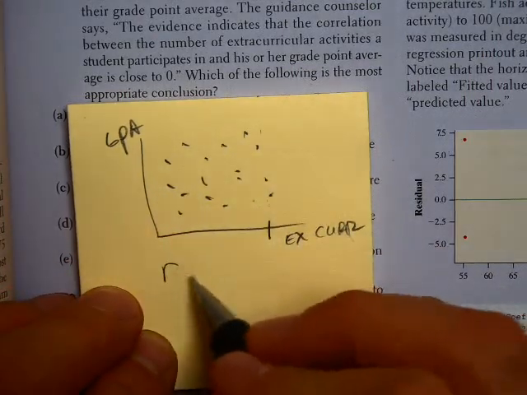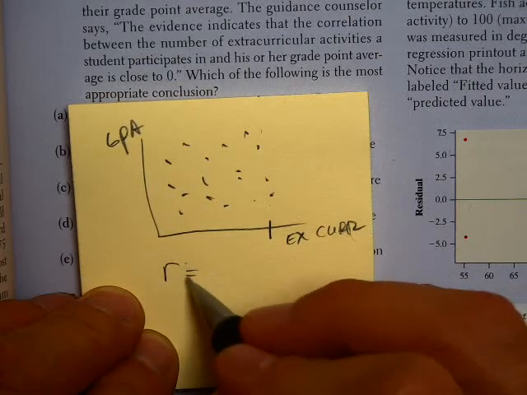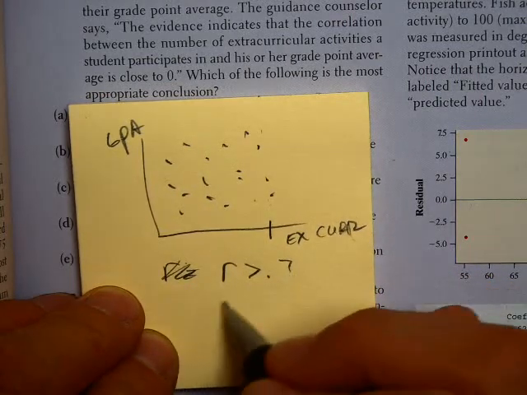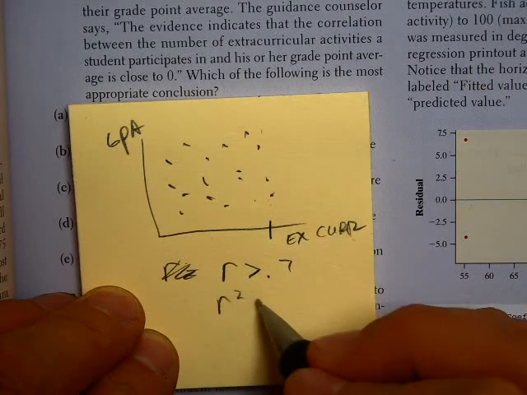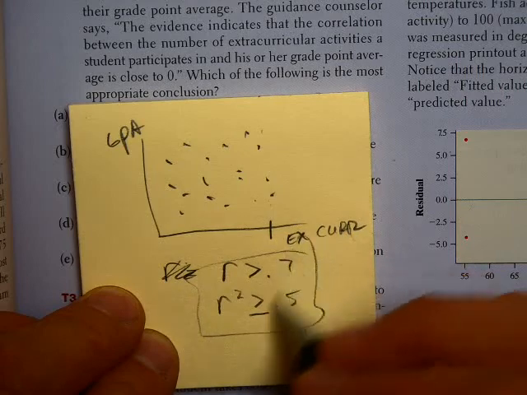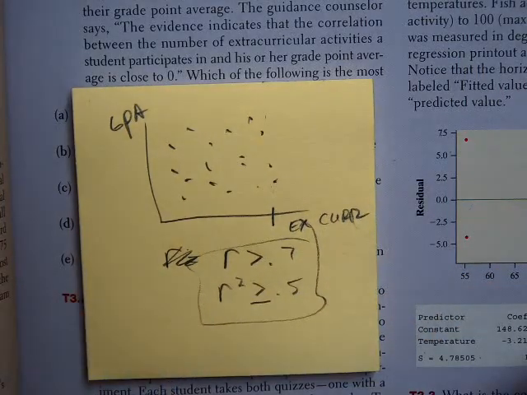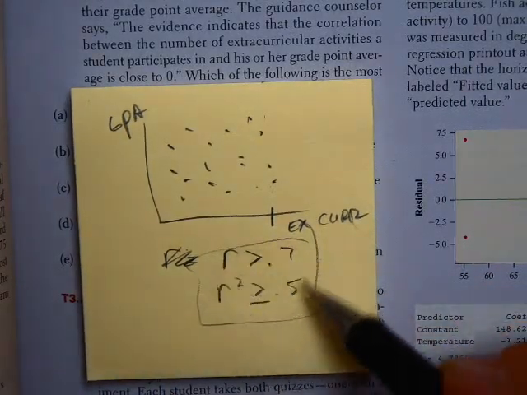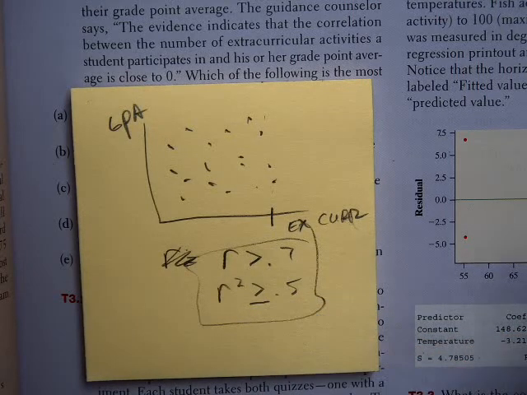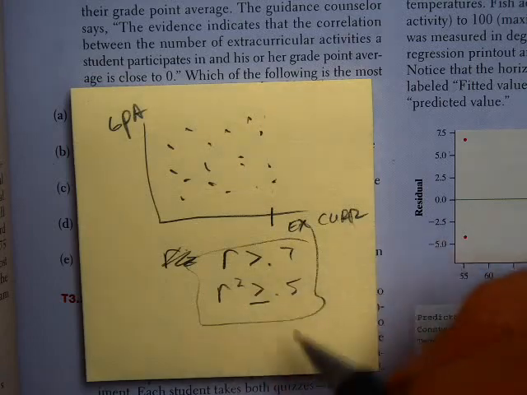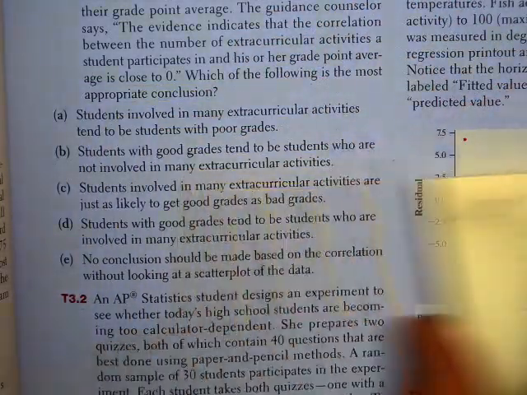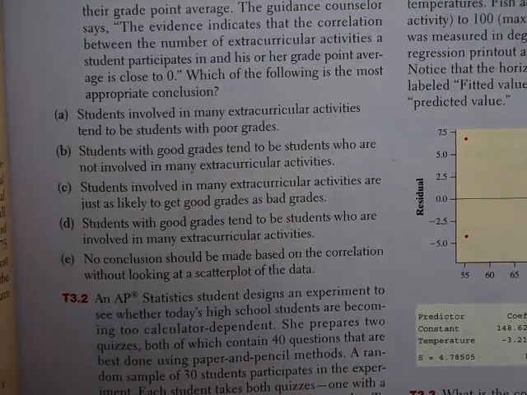Unless our correlation is, let's see, if r is greater than 0.7 or r squared is greater than or equal to 0.5, these are both true. If one's true, the other is true. Then we can maybe start making some sort of assumption about the number of extracurricular activities and the grade. So this one's a no conclusion should be made.